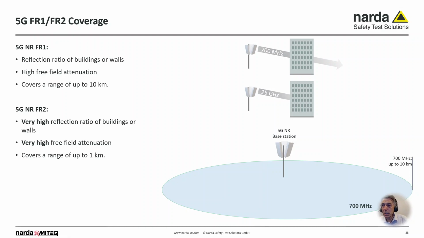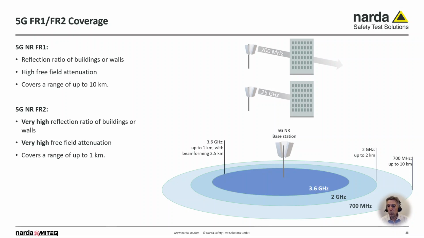Looking at the propagation distance, if we have a 5G base station working on 700 megahertz, we can cover an area of around 10 kilometers. At higher distance, the propagation is not good enough. A 2 gigahertz system can cover an area of roughly 2 kilometers.